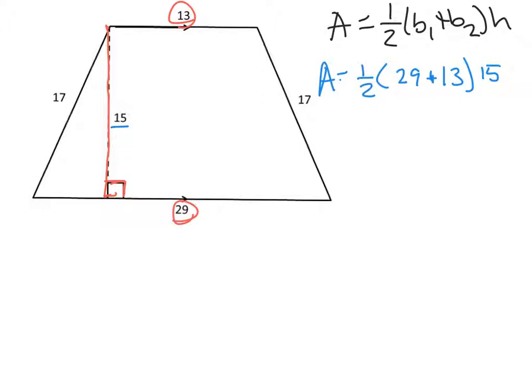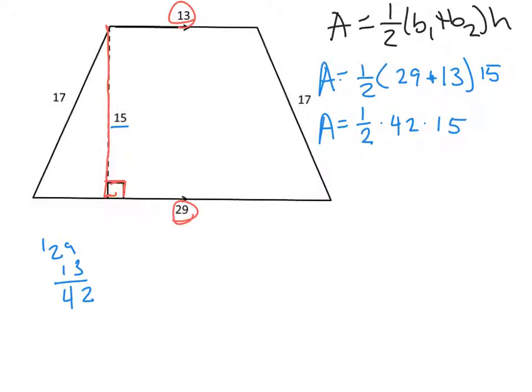All right, now let's go ahead and add these two together before we do anything else, because the order of operations says we must first take care of what is in parentheses. So 29 and 13, when you add them together, 9 and 3 is 12, and that's going to give me 42. So area is equal to 1/2 times 42 times 15.